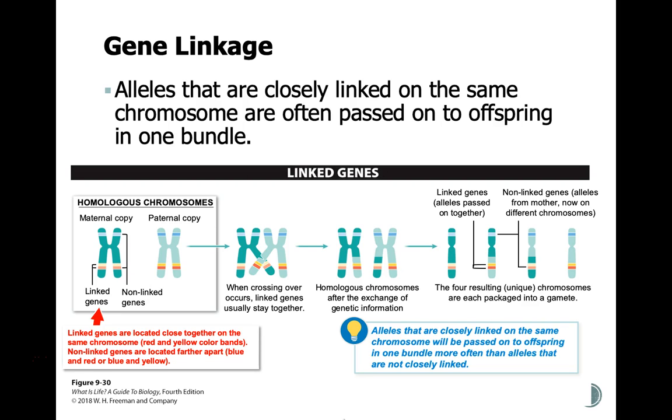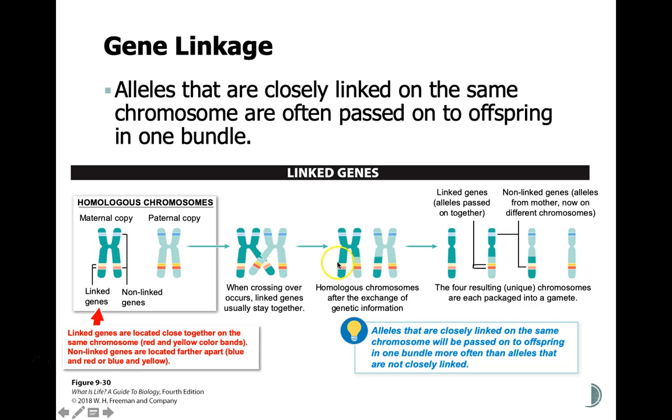Now, when you have linked genes, they are likely to stay together in those crossover events. I'll let you look at the differences between the blue chromosomes at the top and the different combinations. But basically, if we are looking at this as red hair and freckles, the dark colored genes are linked together.